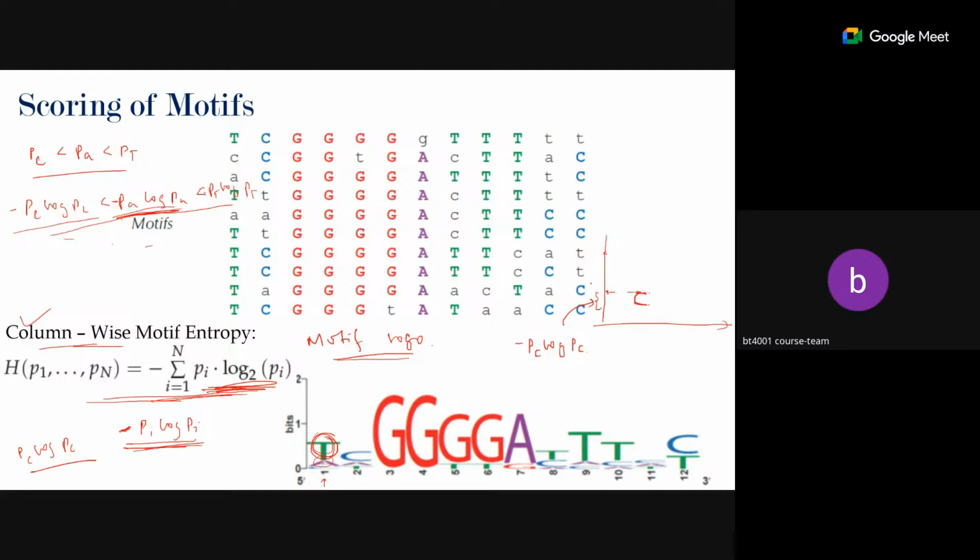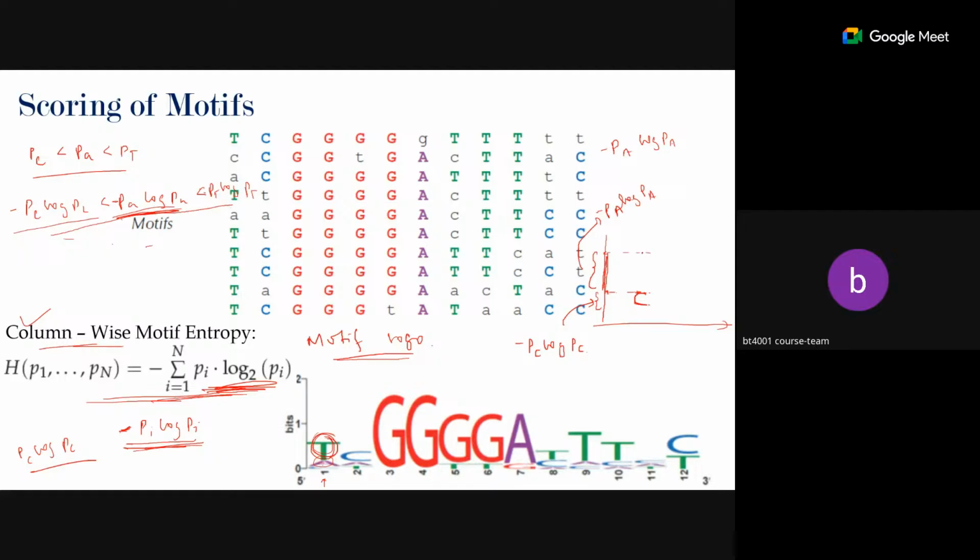Now for A, we compute the negative of p_A times log p_A, and whatever the value is, we take that from this position. So this to this will be the negative of p_A times log p_A.